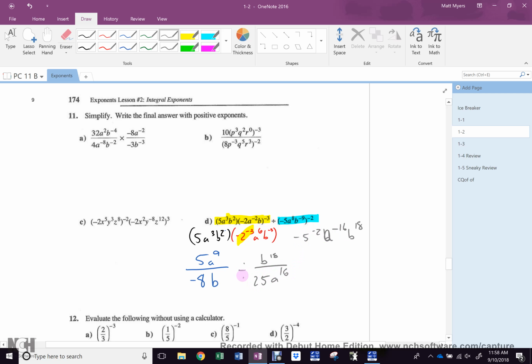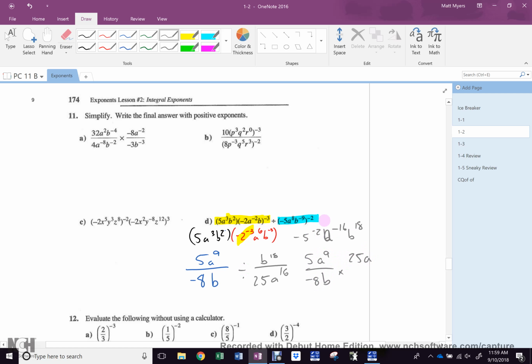Now, when I am dividing fractions, what must I do? Flip which? The right one. So I got 5a to the 9 over negative 8b times 25a to the 16.